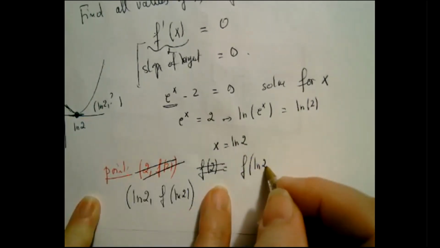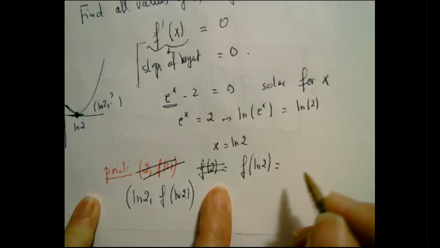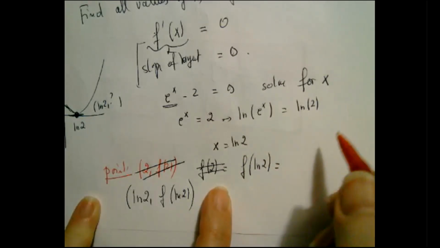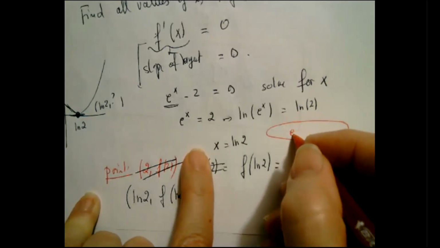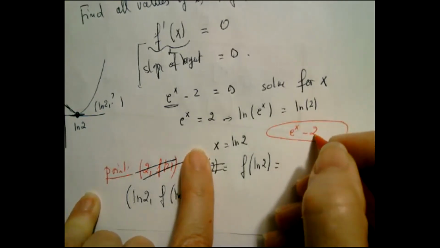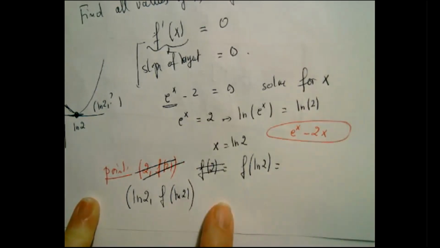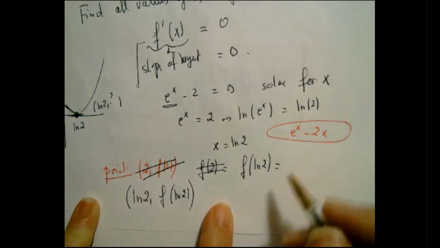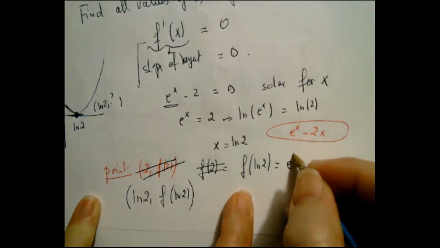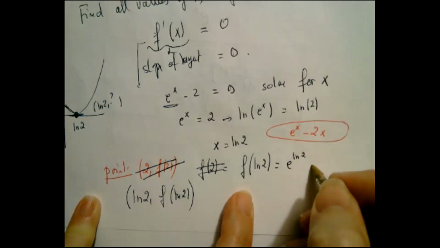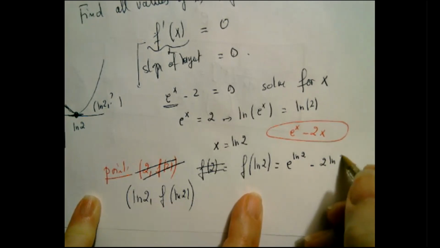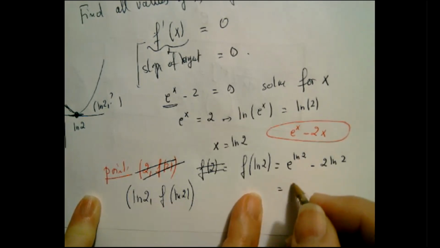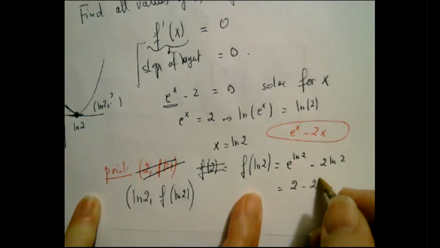Now my original function, let me write it here in front of us to remind you. My original function was e to the x minus 2x. And this is going to be equal to e to the ln of 2 minus 2 ln of 2. So e to the ln of 2 is 2, so we get 2 minus 2 ln of 2.